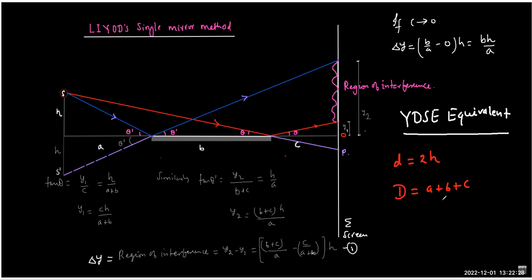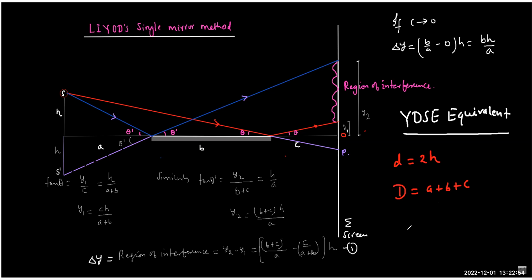Any light that we consider coming from the S dash will contain an extra length of lambda by 2. Even though it is geometrically equal, we have to consider lambda by 2 extra. Why? Because of the reflection, because that is coming through reflection.